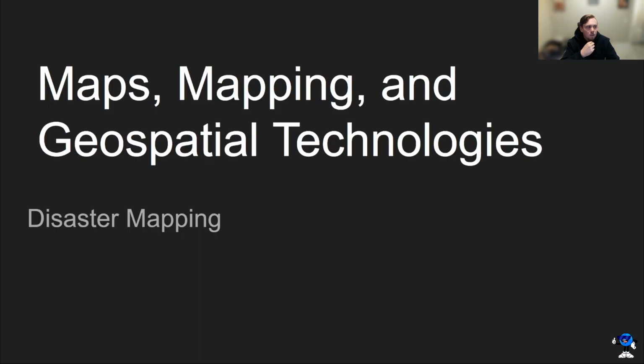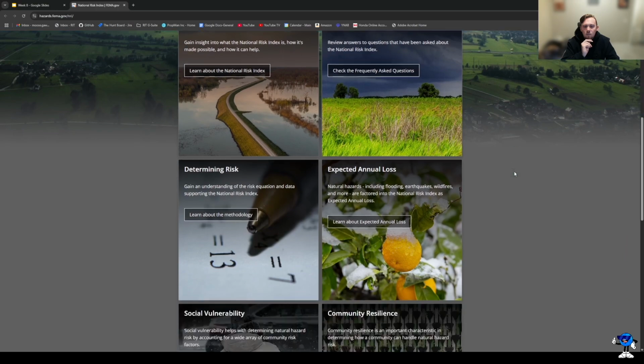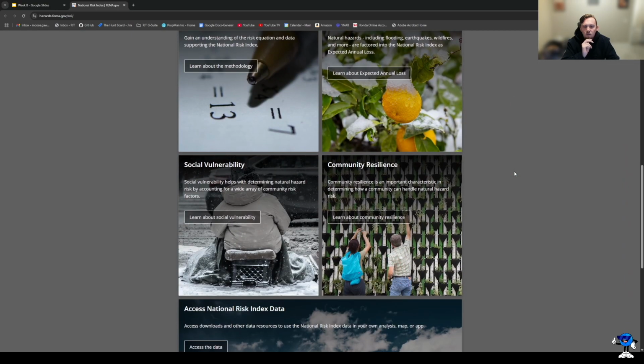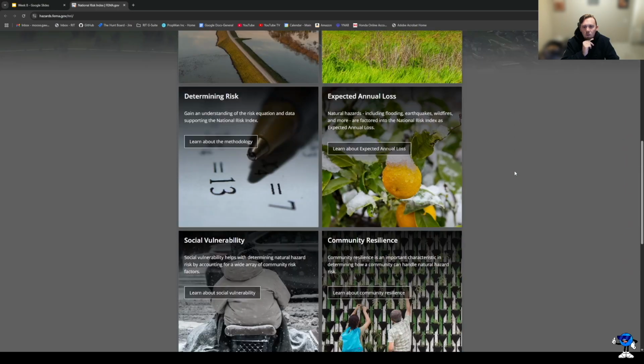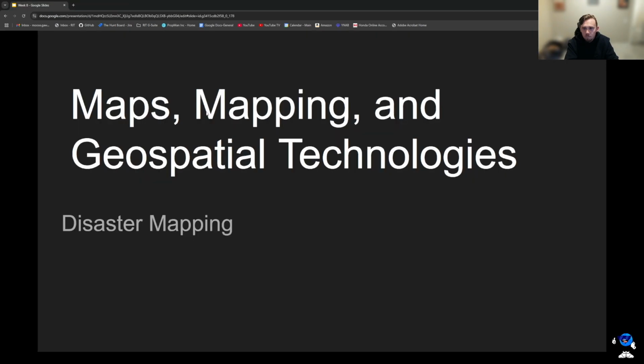I do have a link here that can give us a little bit more information. So this is the National Risk Index, and I do highly recommend, if you guys have some time, to go check this out on your own. But it basically goes through and gives different areas a value based on how at risk they are for natural disaster.